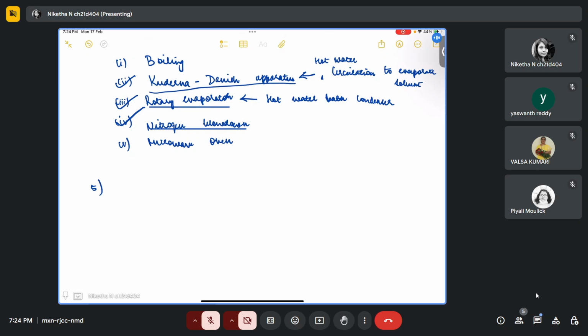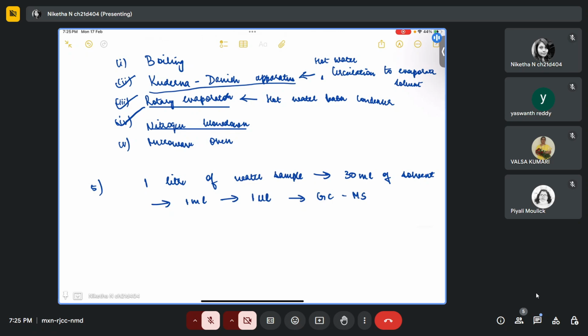Next question. This is a numerical question. 1 liter of water sample was extracted with 30 ml of solvent, and then that 30 ml was separated and concentrated to 1 ml, and 1 microliter of this was injected into a GCMS, and the concentration was determined.